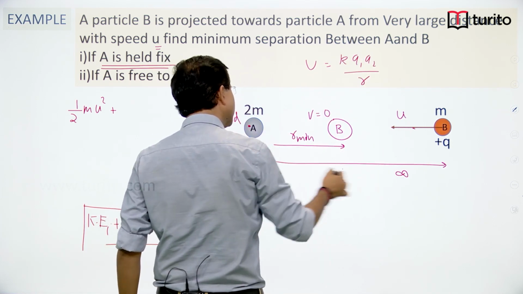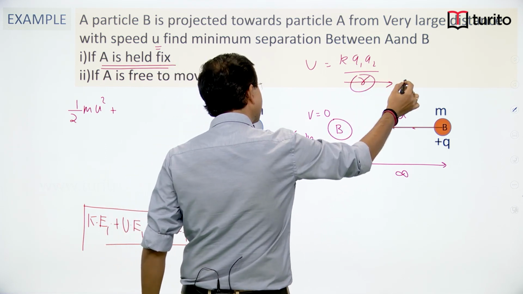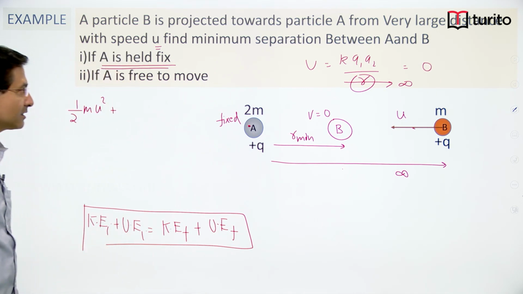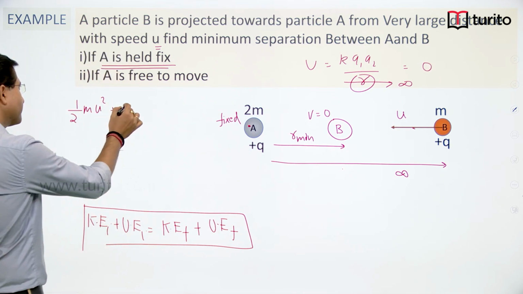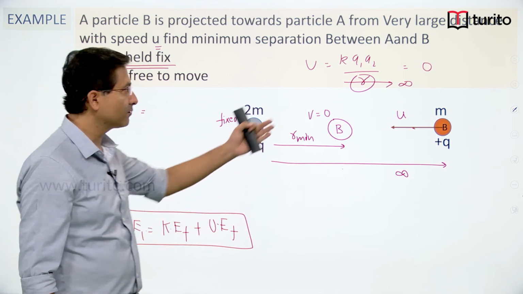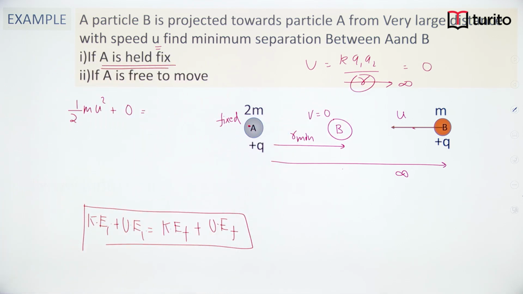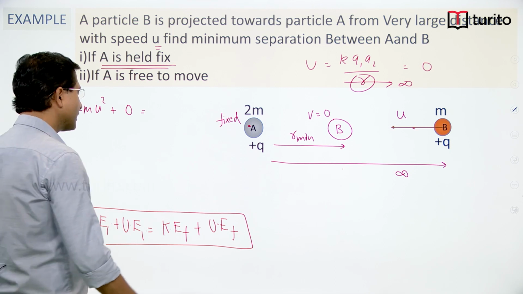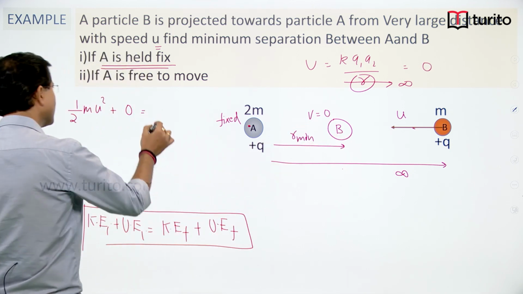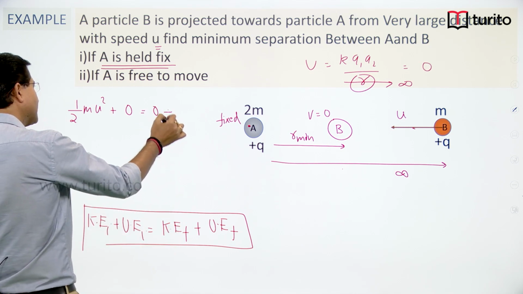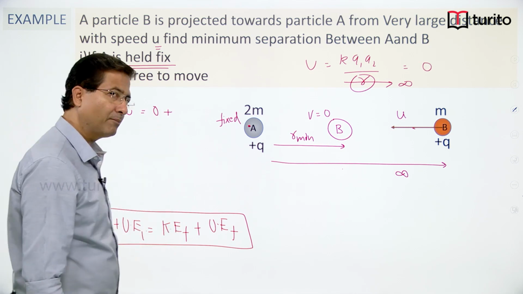When separation is infinity, r tends to infinity and this whole value tends to 0. So initial potential energy is 0, which is the reference we have taken. Finally, it is not having any kinetic energy, so final kinetic energy is 0.